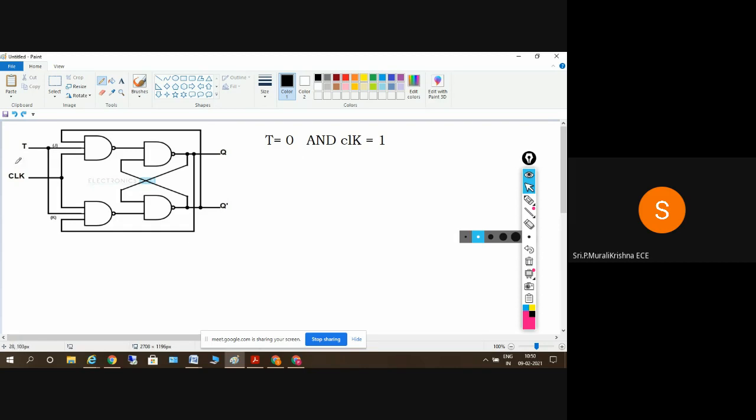Okay, so T is equal to 0, clock is equal to 1, and in both, one of the inputs is 0. So what is the output here? I'll get 1, 1. So G1 is 1 and G2 is 1.